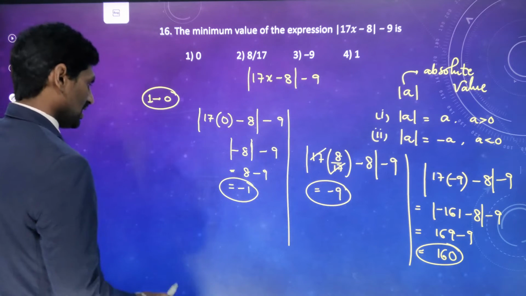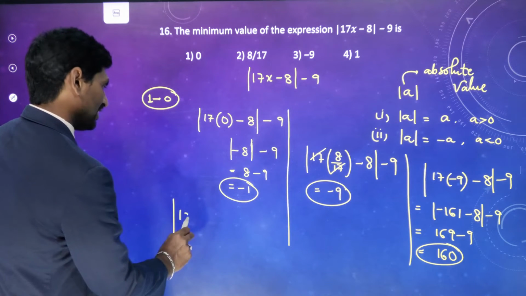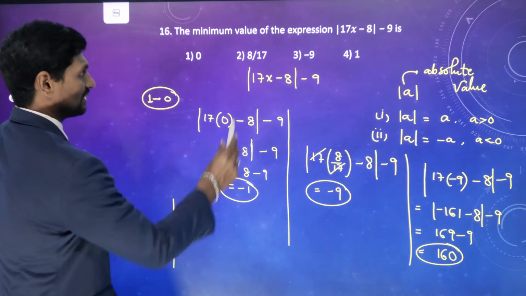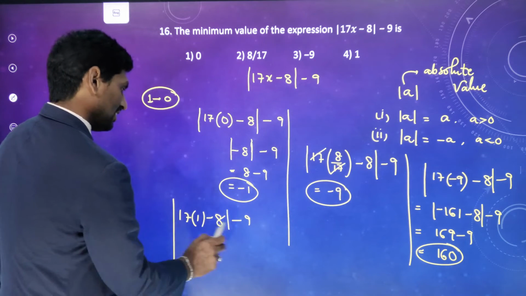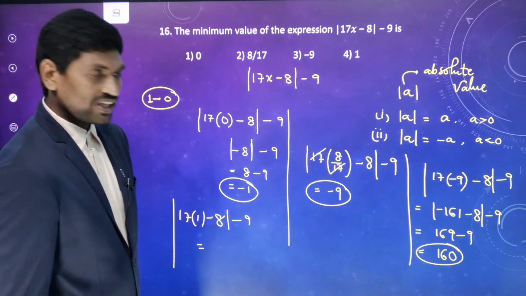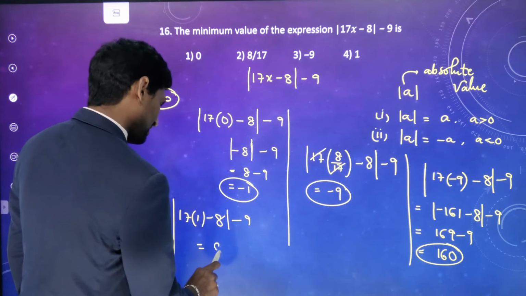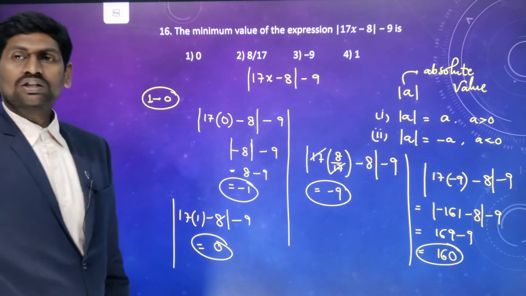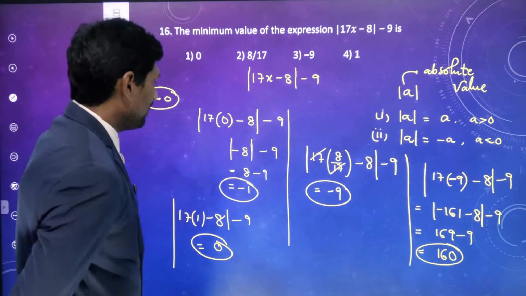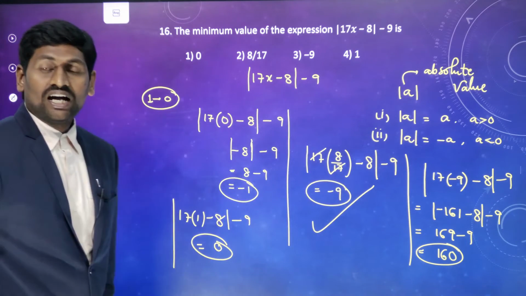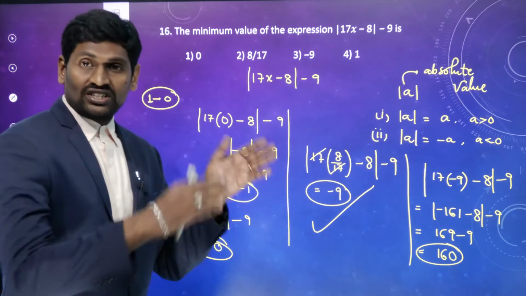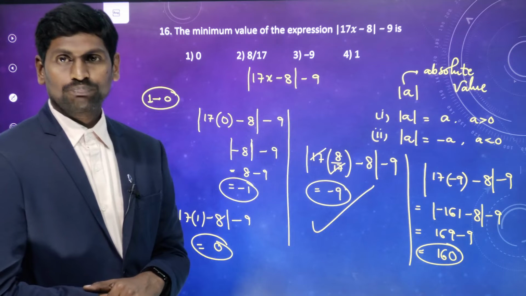Now coming to the last option, 17 ones are 17. 17 minus 8 minus 9. So 17 minus 8, how much? 9. 9 minus 9, 0. So among the four options, the smallest value is minus 9, and it comes when the modulus value becomes 0.